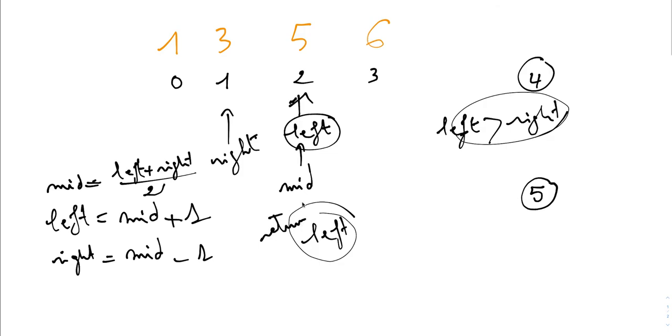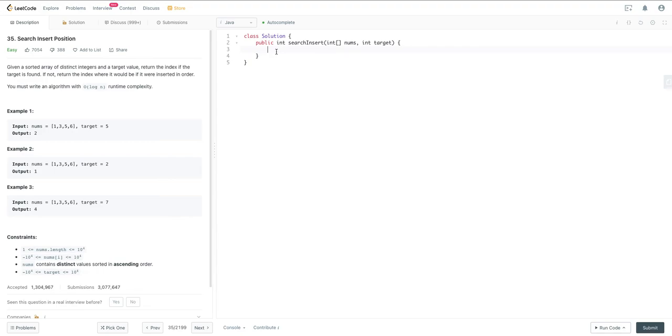Cool, so now let's see how we're going to code that. As I mentioned earlier, we will need a left variable and a right variable that is equal to the last index. We will also need a mid value, but we can calculate it inside the while loop.